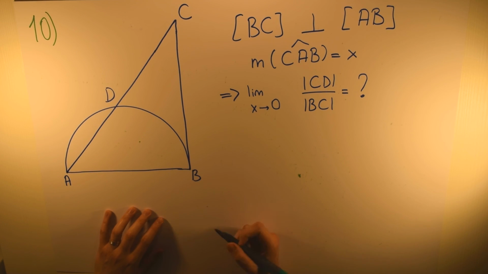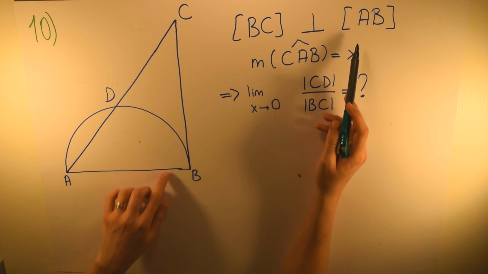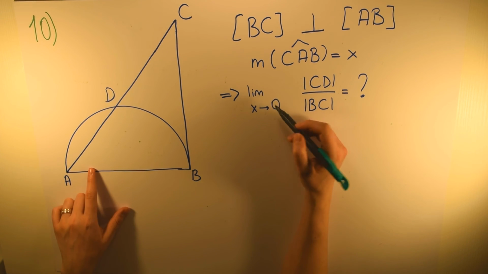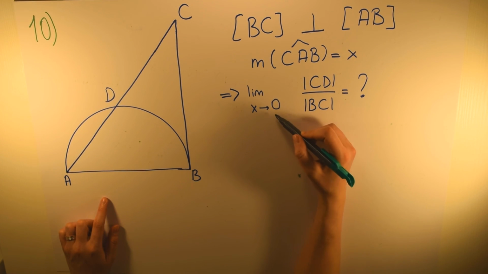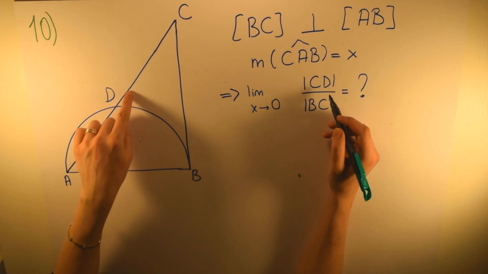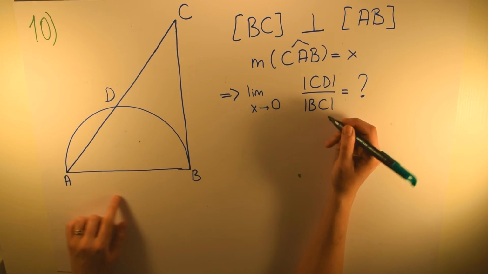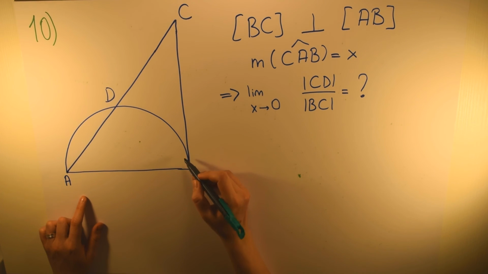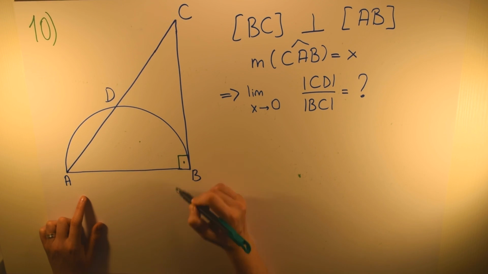Now let's solve our last question. So here we have BC is perpendicular to AB and CAB is equal to x. What is the value of limit as x approaches 0, CD over BC? It says that BC is perpendicular to AB, which means here is 90 degrees, right?